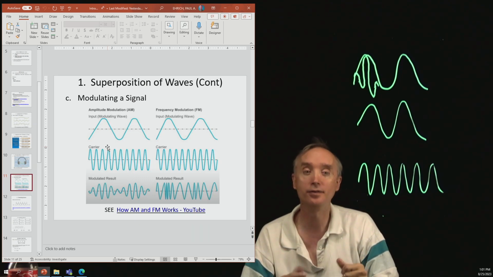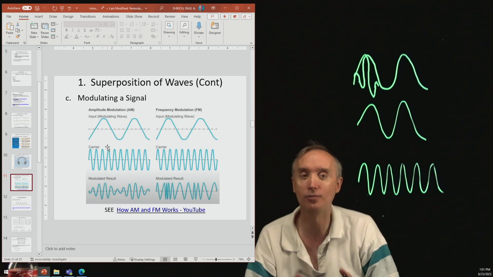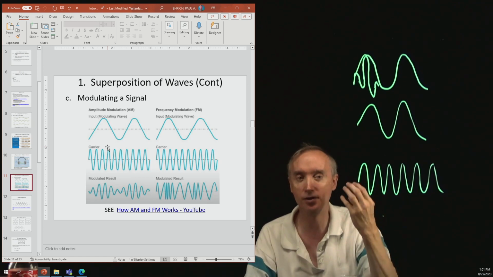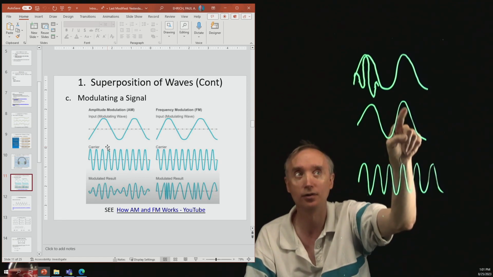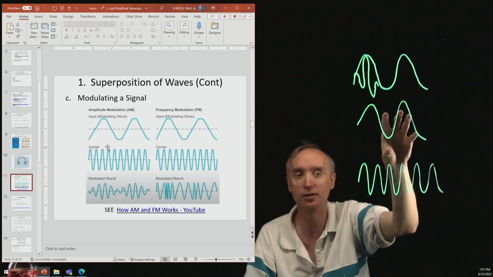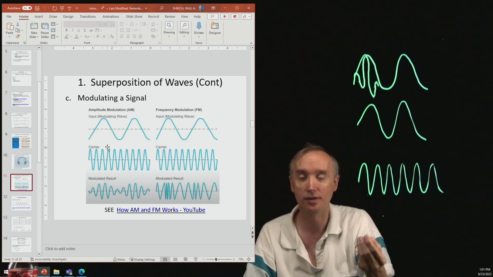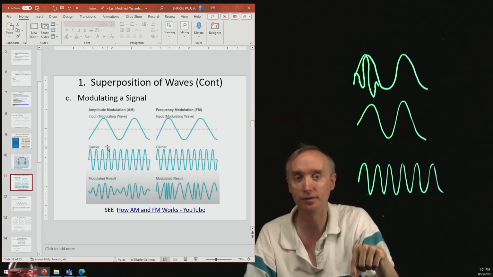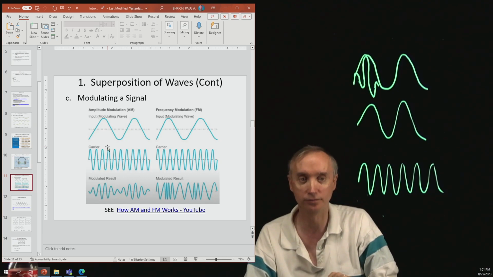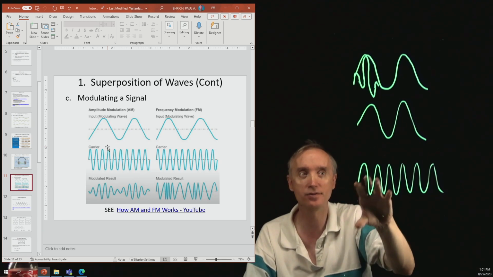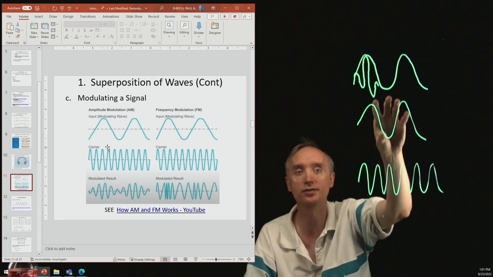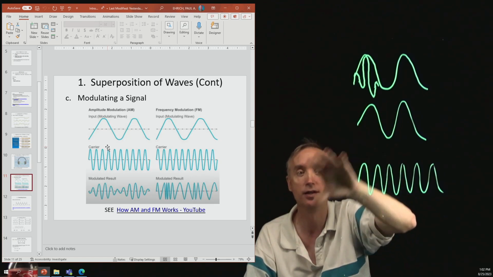Okay, then what happens? Well, in order for you to hear the music, or for you to be able to hear the voices, then we got to get rid of the carrier signal. So the carrier signal is superimposed on top of the transmission.